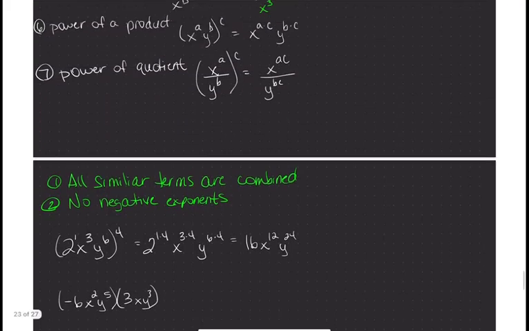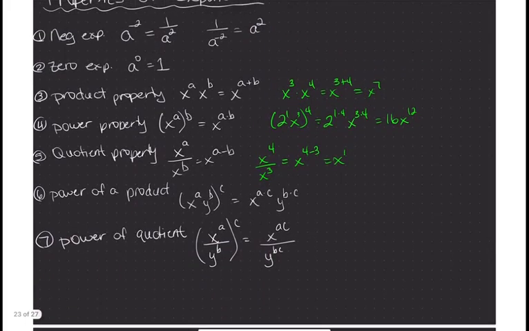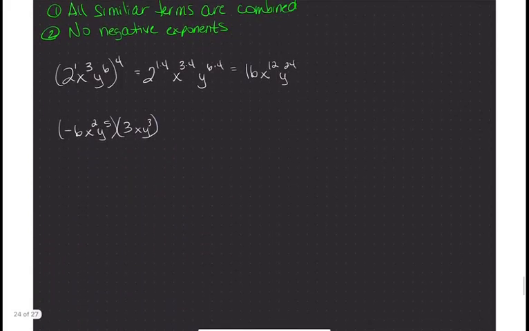So looking back at our properties, this looks a lot like the product property, number 3, where we're multiplying these together. So we're going to multiply piece by piece, right? Negative 6 times 3 is going to give us negative 18.